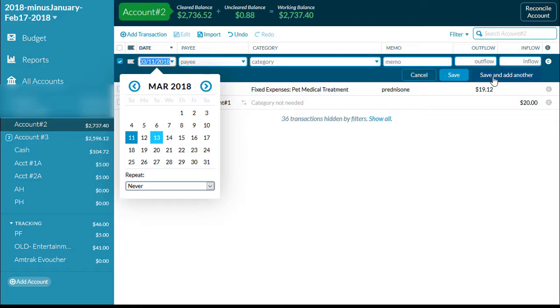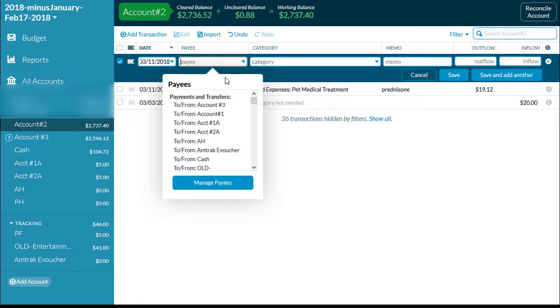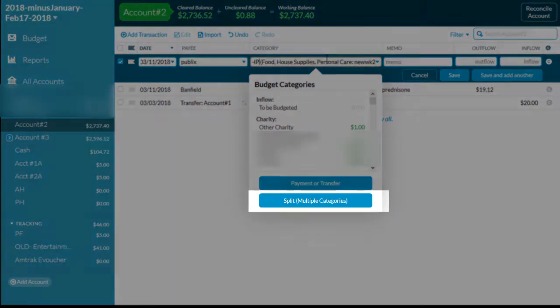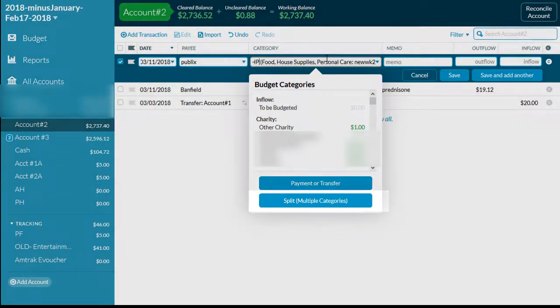Now we're going to talk about the transaction I did at Publix. Okay, same date, and I'm going to do Publix. And the category, this is going to be a split transaction. That means that the transaction I made goes to more than one category, and you already saw that that's the case, that part of it goes to pet medication and part of it's going to food.